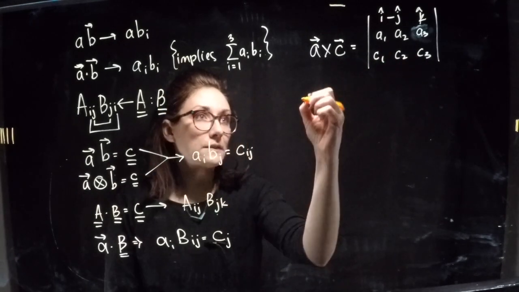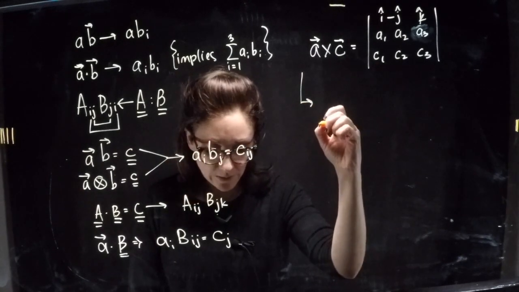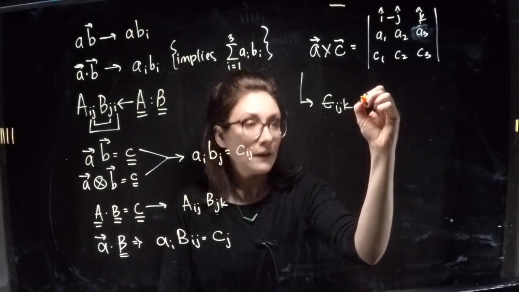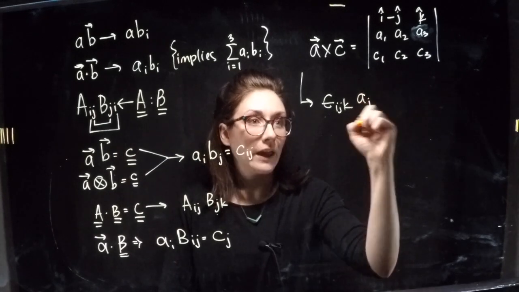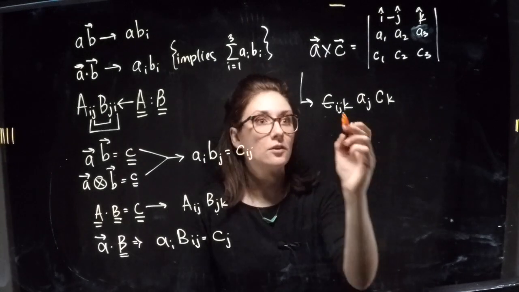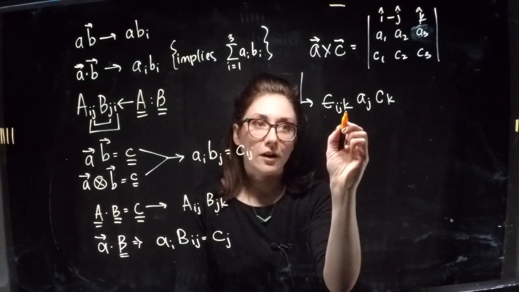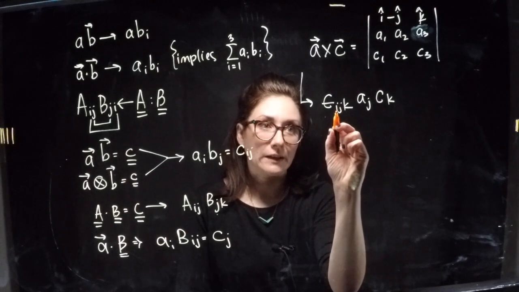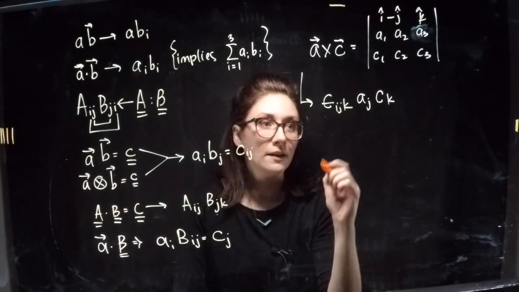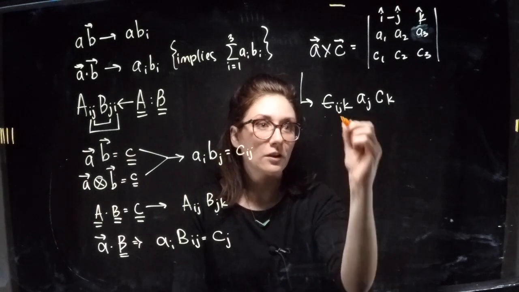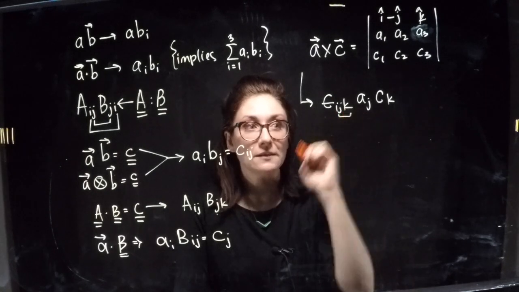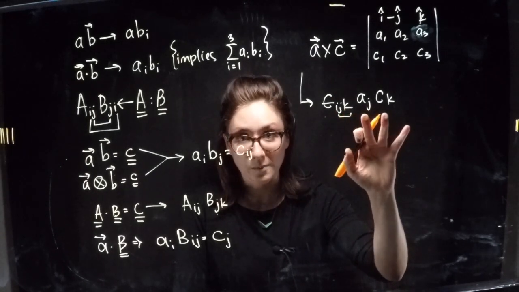But in index notation, we write this as epsilon_ijk a_j c_k. And I want you to notice a few things here. So we always have our alternating unit tensor out front, and I'm always going to give it ijk. Technically, you can give it whatever letters that you want, but the important thing to note here is that the last two letters are going to be the free indices on the vectors that you're doing the cross product with.